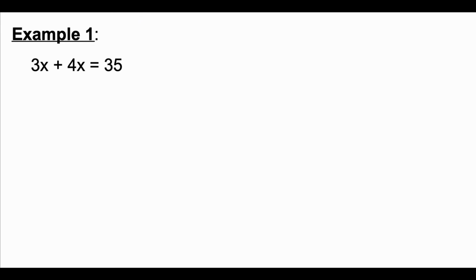First one's pretty straightforward. We have the equation 3x plus 4x equals 35. I know that before I touch this equation, I should probably simplify by combining these like terms. Make the equation a little bit smaller, a little bit nicer to look at. So 3x plus 4x is 7x.